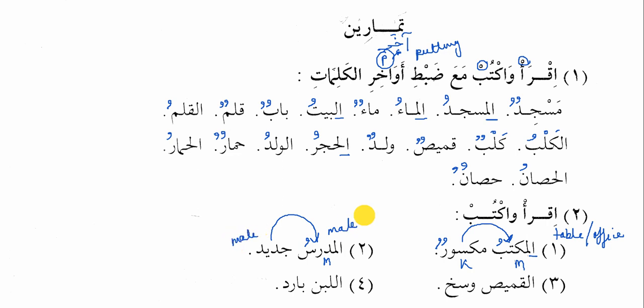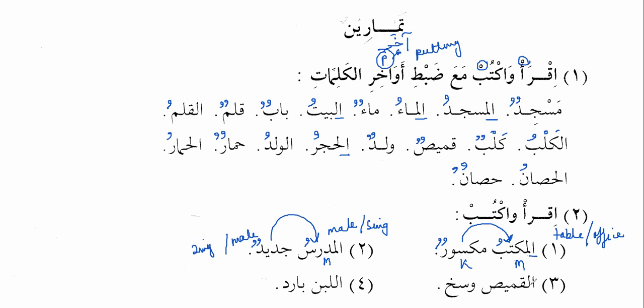If the mubtada is singular, then the information noun will always be singular. So when you see a Jumla Ismiyya where the mubtada is singular, then the khabar will also be singular. So al-mudarrisu, one teacher, jadidun. And we know that the khabar is nakira. So these are all the rules for Jumla Ismiyya.